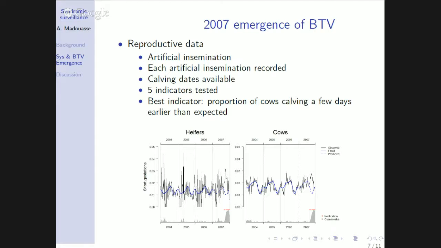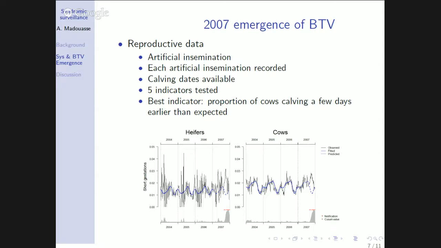Yes. So we did it for heifers and for cows. I'm just going to show you for heifers. So in black you have the observed data. This is the indicator we get. And here is the predicted, so fitted values. Here we tested the possibility of an emergence in 2007.